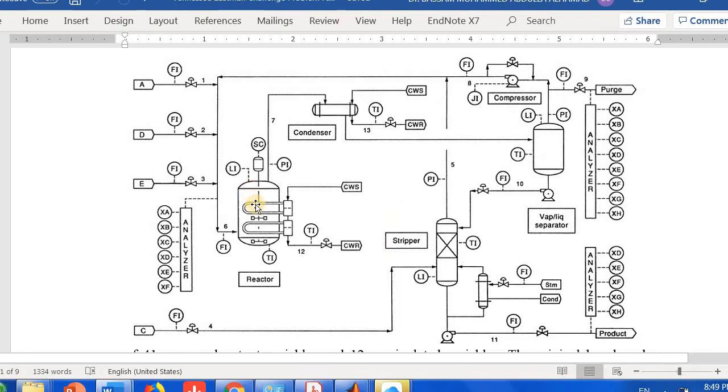What else do I have? I also have the pressure, which is important here. Pressure is important for the reaction, and it is also important so that it does not increase to a level, as it accumulates, that is too high for the reactor to withstand.